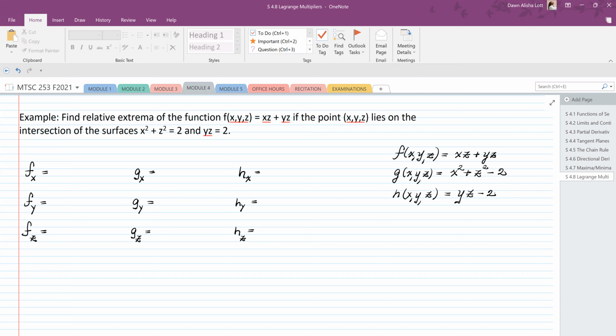So what's f sub x? That's with respect to x for the first one though, right? Yes. So it's just z for the x. Do you want me to go across the board or go down? Go down. So z, then x plus y.